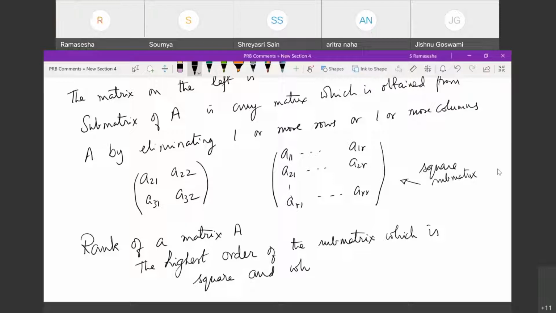Let me call this matrix, for example, R.